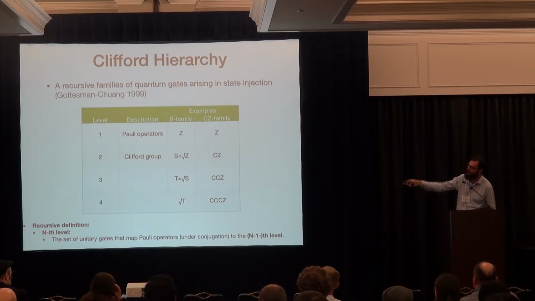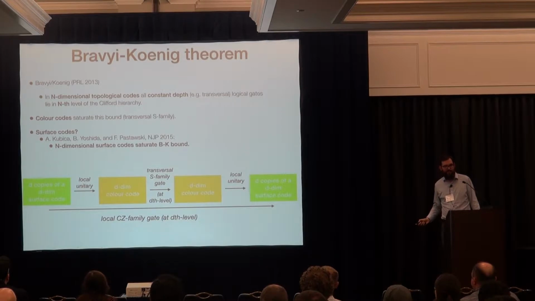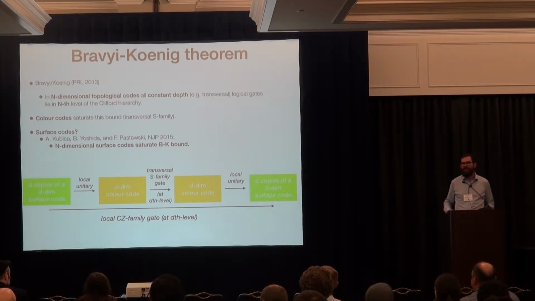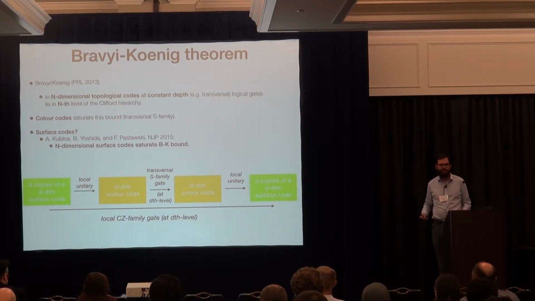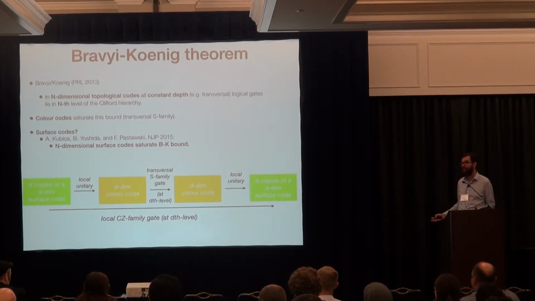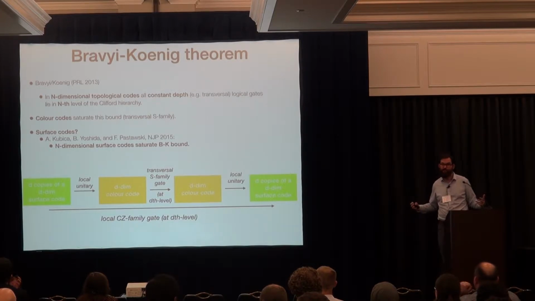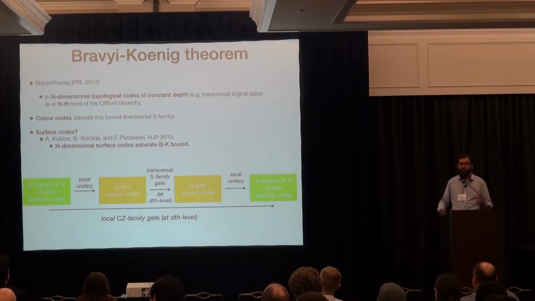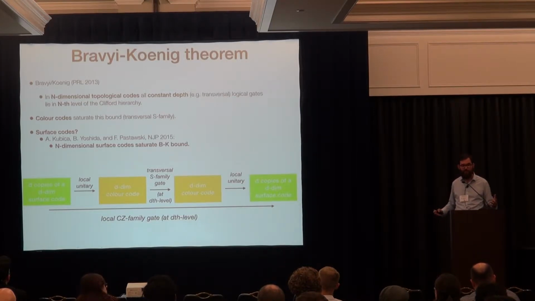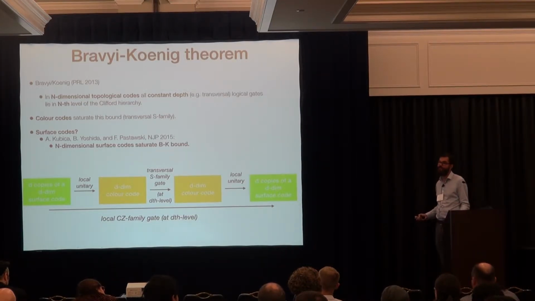So the reason that the Clifford hierarchy has had renewed importance in the study of topological codes is the Bravyi-König theorem, which, to paraphrase, shows us that with an n-dimensional topological code, so that's n spatial dimensions, the only transversal logical gates, or even more generally, the only constant depth logical gates one can construct lie in the nth level of the Clifford hierarchy.